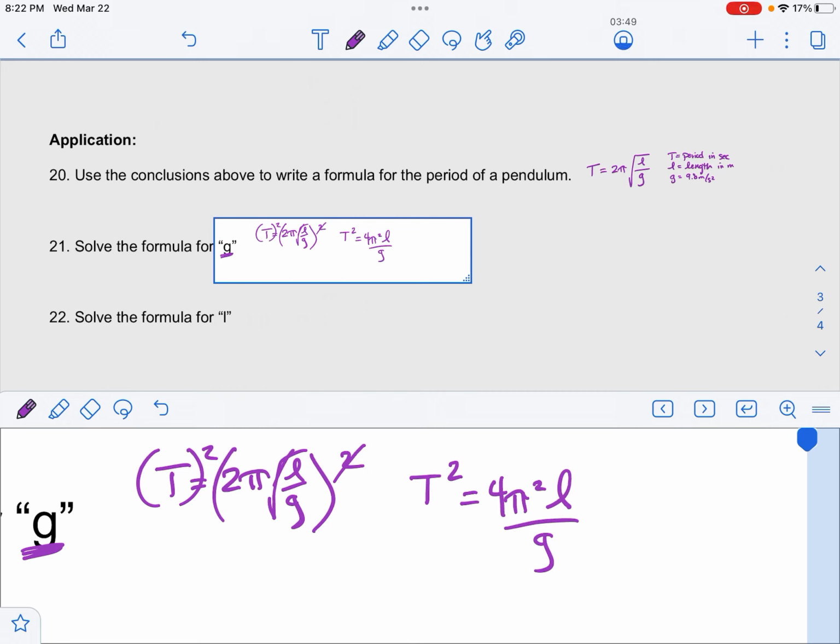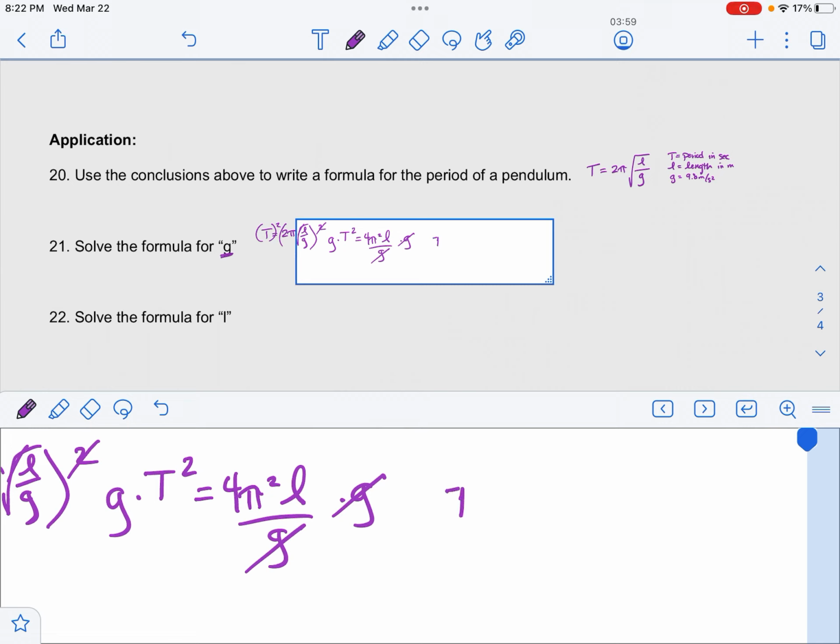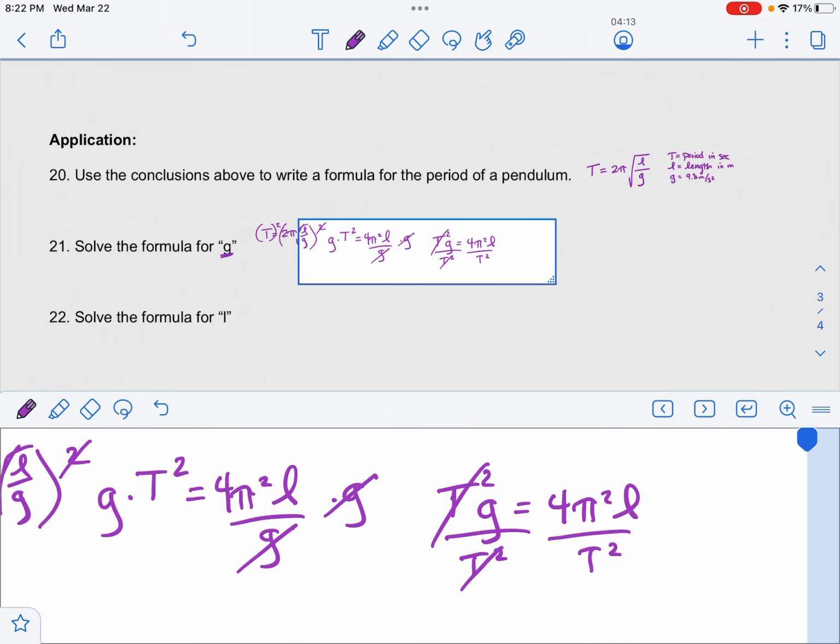Now I'm still trying to get G by itself, so I'm going to move it out of the denominator. So I'm going to multiply both sides by G. That cancels. And now what I'm going to have is t squared times G equals 4 pi squared L. Last but not least, we're going to divide both sides by t squared, right? That's going to give me G by itself.